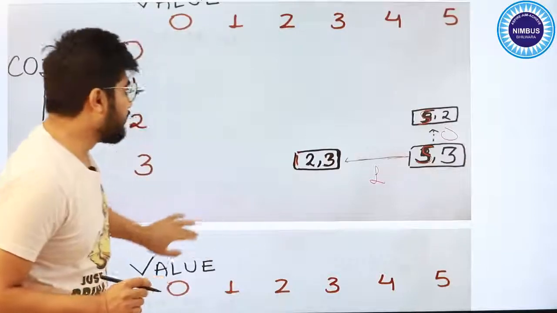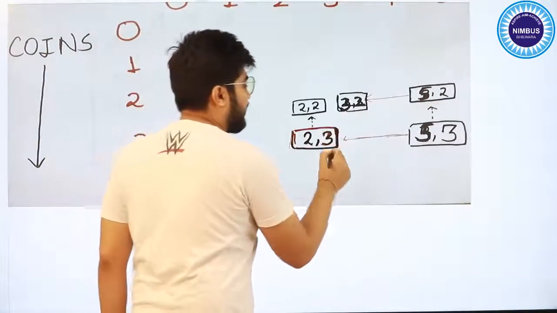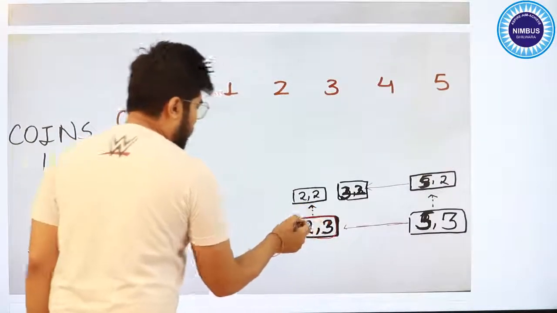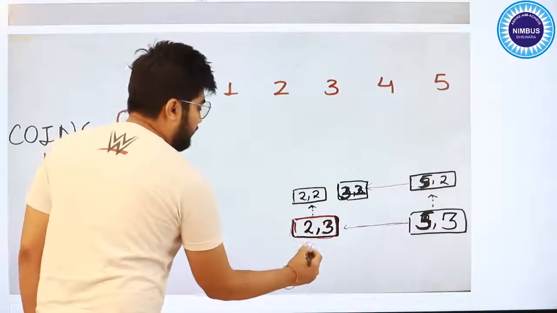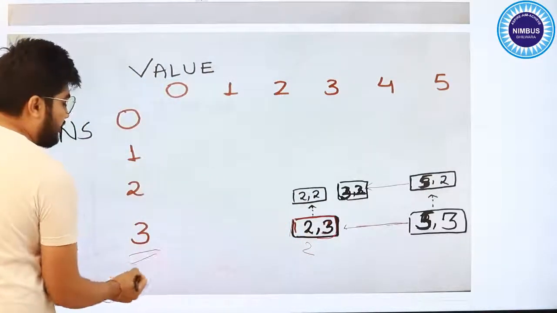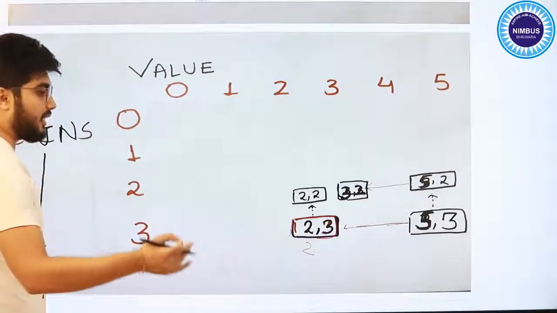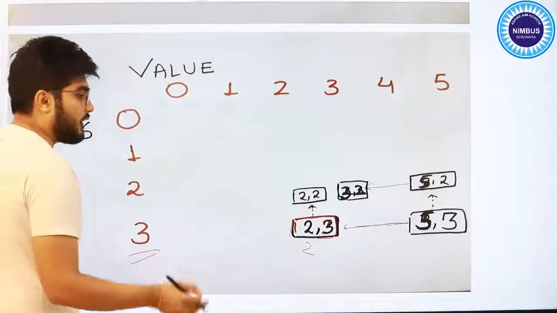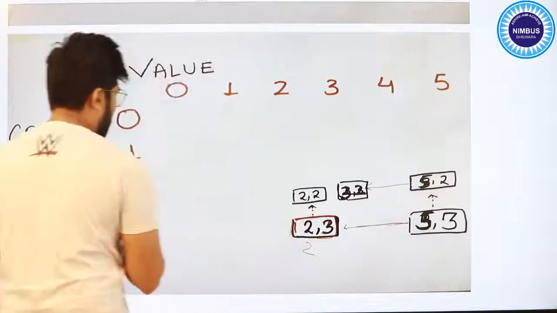Okay, so we'll follow this similarly for even this point. Now we are going to calculate that either we can go, okay, here we don't have any option because we want a change of 2 and the denomination of the coin is 3, which is greater than 2. So as we know in our recursion diagram, if it is greater, then what will we do? Well, we won't include it, we'll just move to the next denomination, and the next denomination is 2 here.